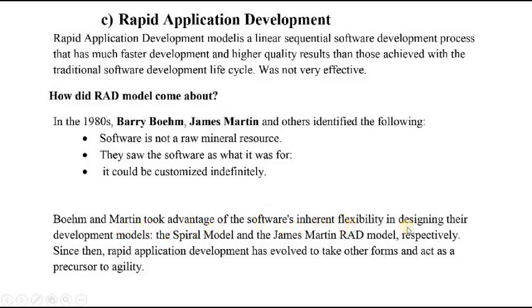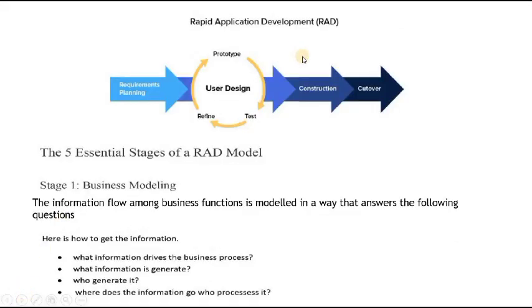Boehm and Martin took advantage of the software's inherent flexibility in designing their development models, the spiral model and the James Martin RAD model respectively. Since then, rapid application development has evolved to take other forms and act as the precursor to agility.